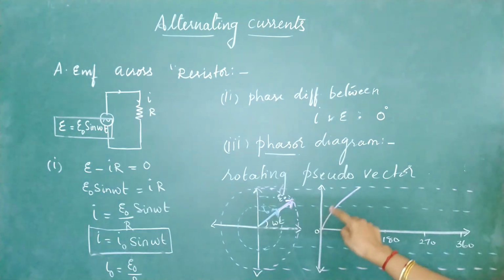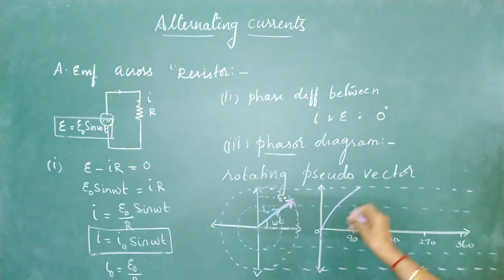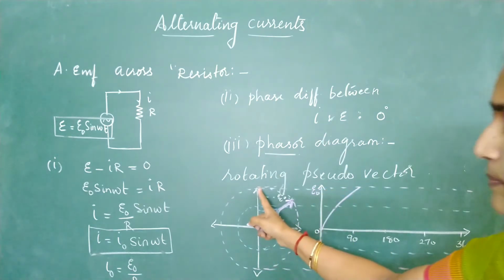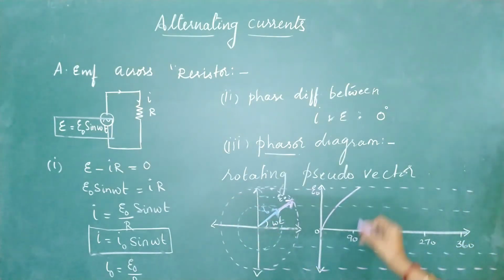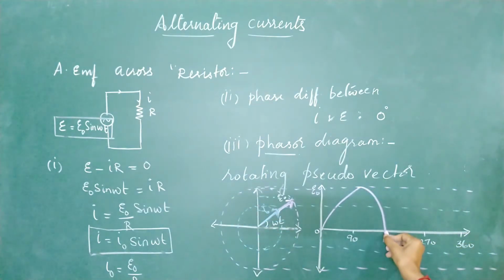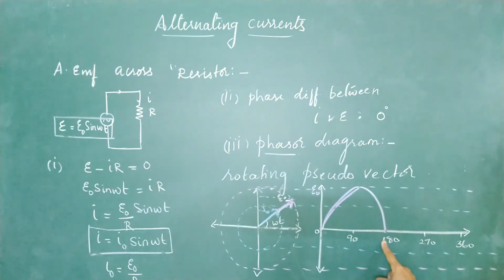So from 0 to 90, what is happening to the EMF? EMF is increasing. Maximum value is E naught. From 90 to 180, its projection on the y-axis will decrease. It's a sinusoidal wave, a simple sine curve. Decreases to 180.